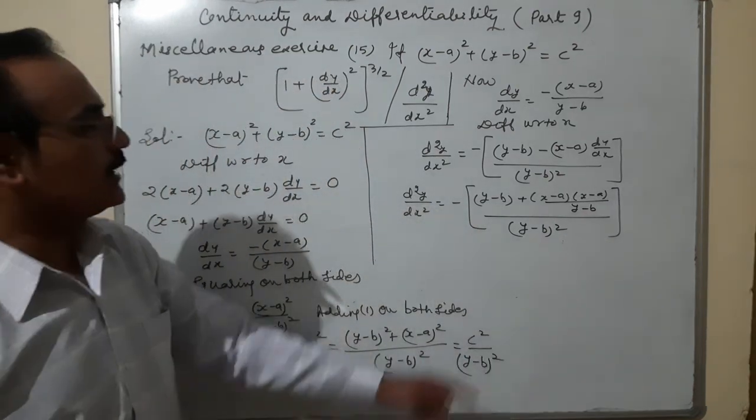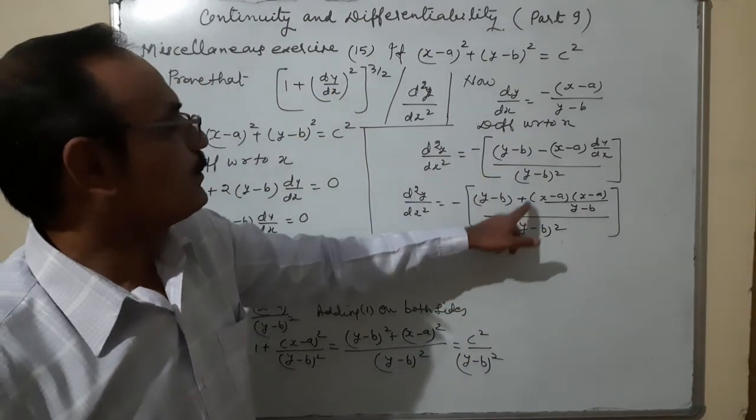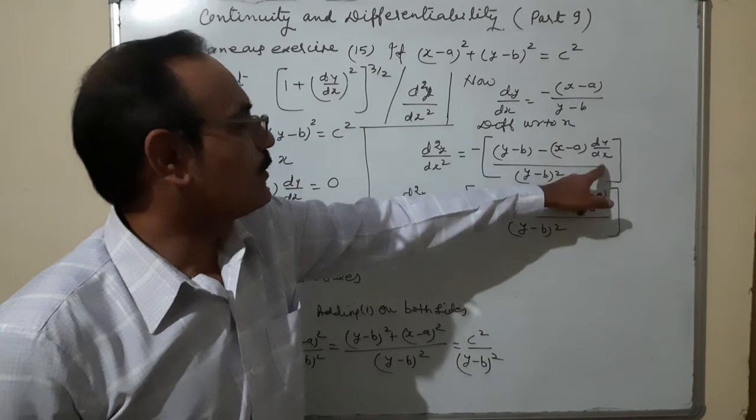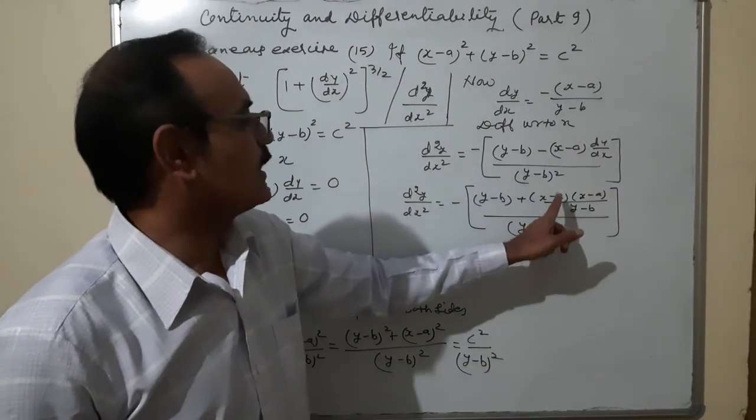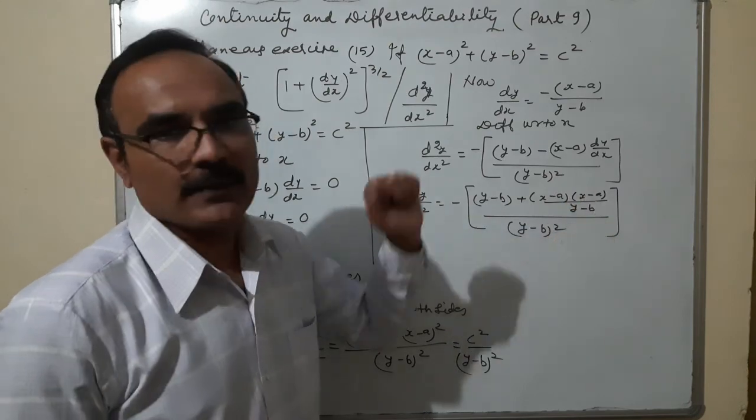Is that okay? What have I done? Minus sign as it is, (y minus b) plus (x minus a), and the value of dy by dx I have put as minus (x minus a) upon (y minus b). So this minus minus is plus (x minus a) upon (y minus b).